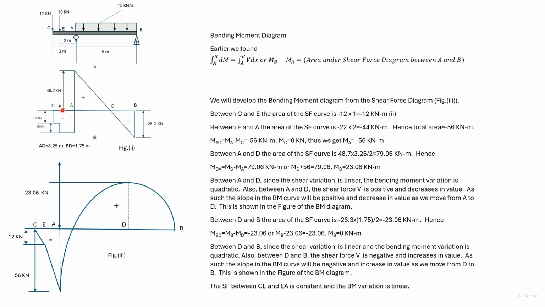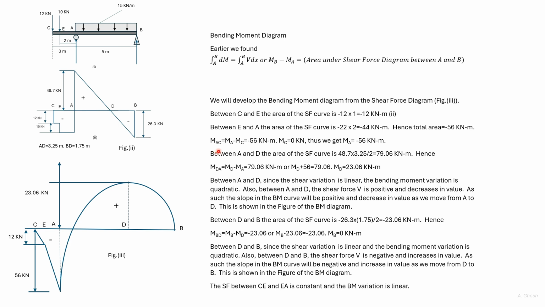The area between E and A here is 22 into 2, and it is negative. So the area is minus 44 kilonewton meter. This gives the total area of this portion as minus 56 kilonewton meter. We now use this formula.